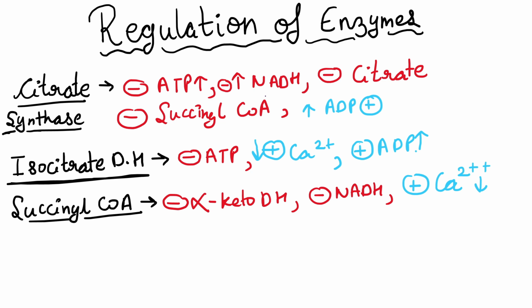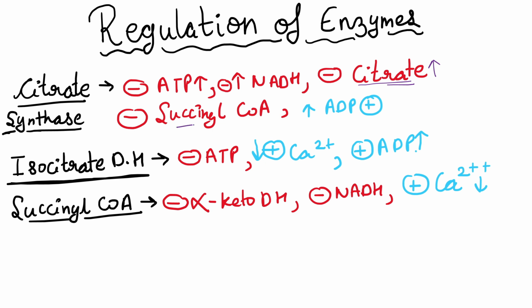Again, if there is a higher NADH molecule and we don't need any more, it would have a negative impact on citrate synthase. Again, if the citrate molecule itself is very high in concentration, then also it would have a negative impact.